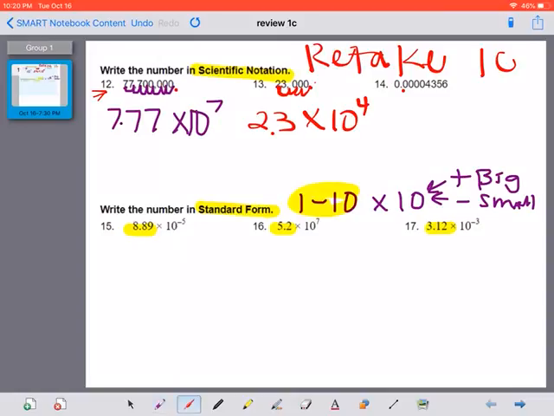Next, we have a really small number, so I know right away that my exponent is going to be a negative. If I ignore the zeros, I have 4,356. That number is not between 1 and 10. If I put my decimal here, we have 4.356, which is between 1 and 10.